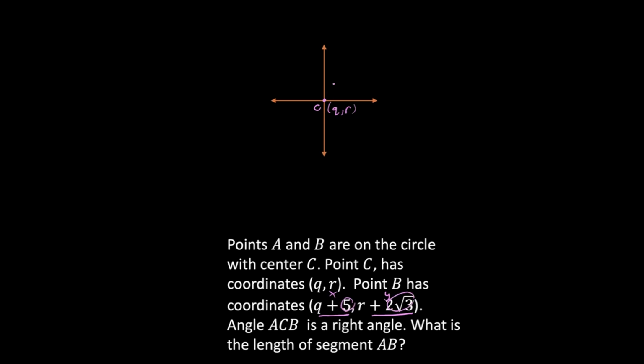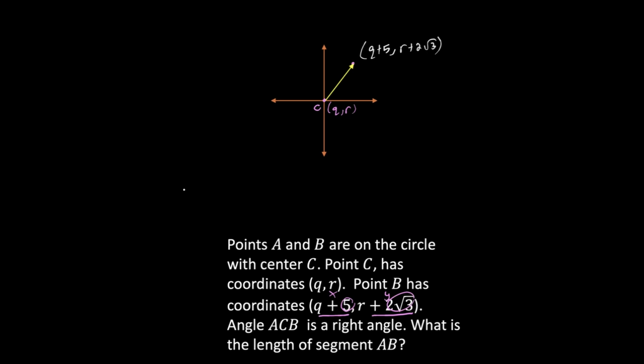So let's just imagine going a little to the right and a little up, in the amounts of 5 and 2 root 3. And we'll go ahead and put a line there, and label that point Q plus 5, R plus 2 root 3.